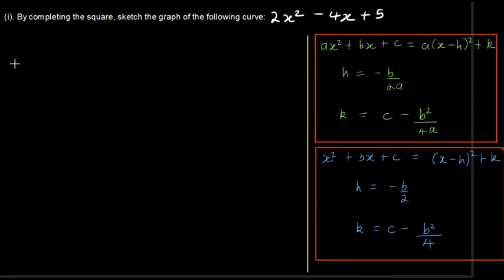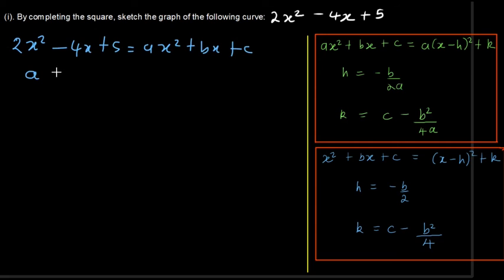Okay, we have an interesting problem. By completing the square, sketch the graph of the following curve: 2x squared minus 4x plus 5. We'll just use these formulas to quickly complete the square and sketch the graph. It's the same form as ax squared plus bx plus c.